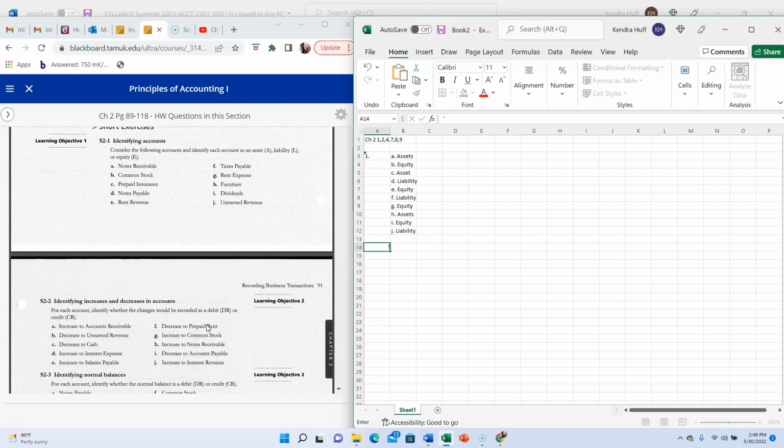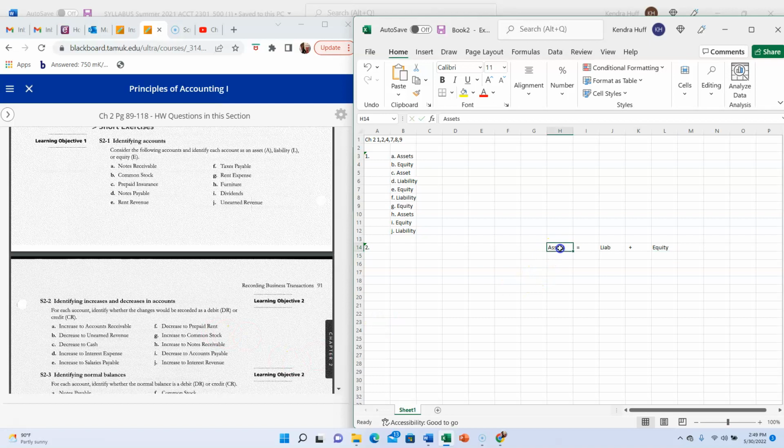All right, one thing that might help you, and I'm sure I put this in the notes, you can always do the accounting equation. I'll do it like this. Assets equal liability plus equity.